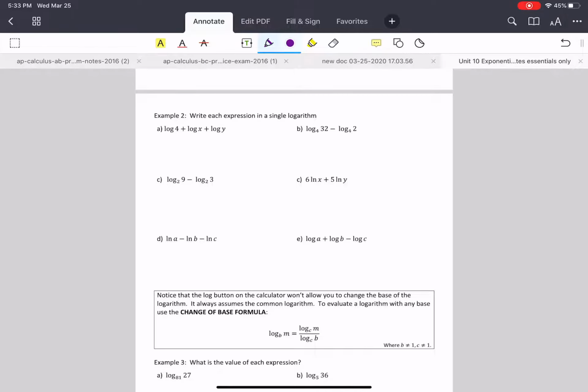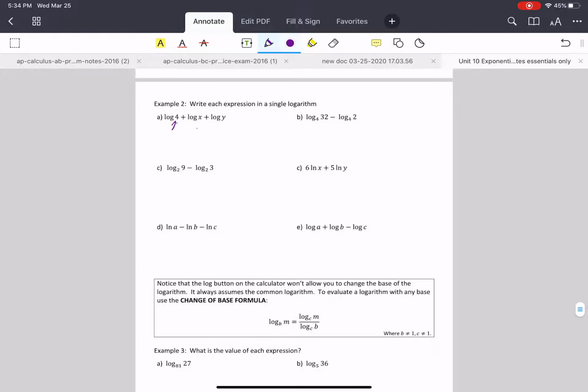You'll notice that all of our examples, A, B, C, D, and E, all have the same base. Notice in A, the bases are all invisible. What you learned in 10.3 is that if it's invisible, it's like a little invisible 10.